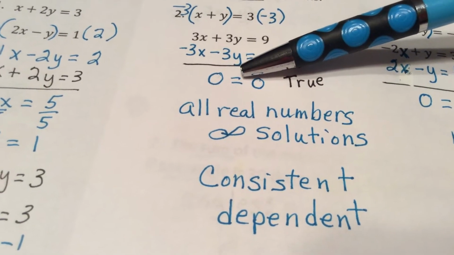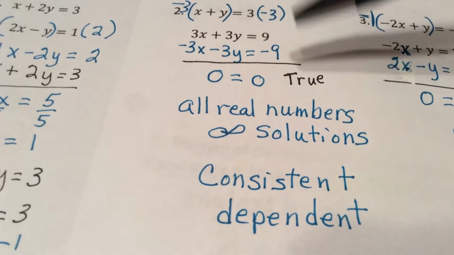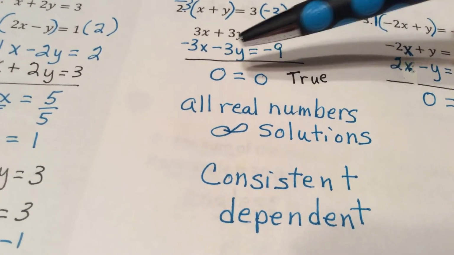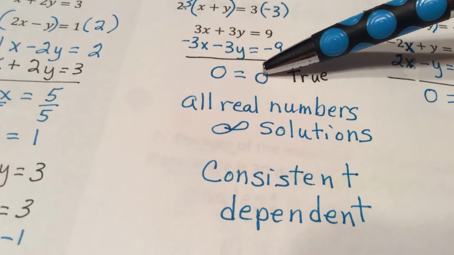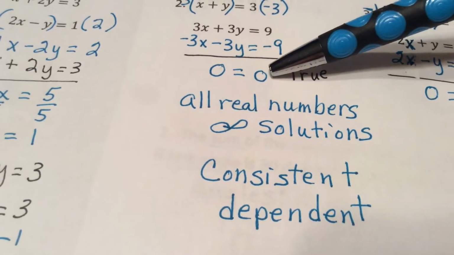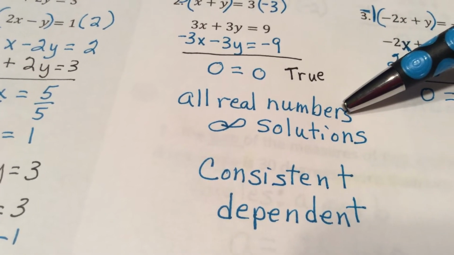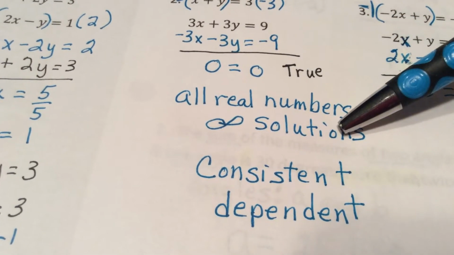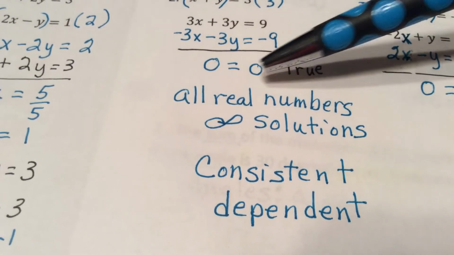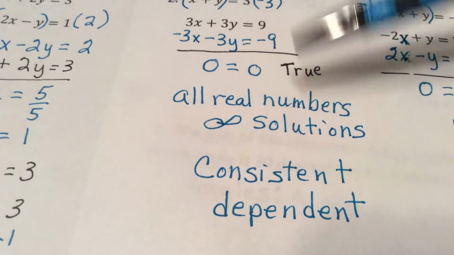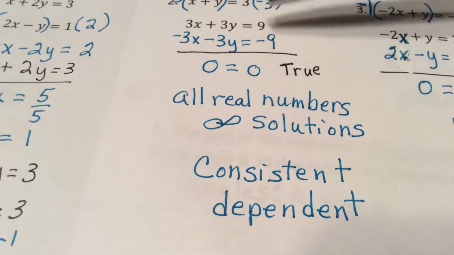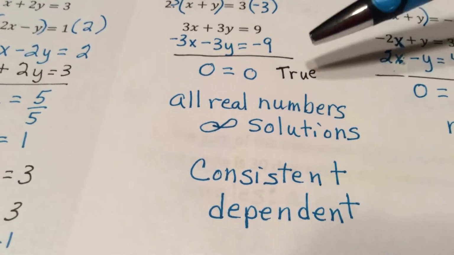When they all disappear, this is a true statement. If this is true, then that means we have all real numbers or infinite solutions as our answer. It means every x has a y that matches it and will be true for these two equations.